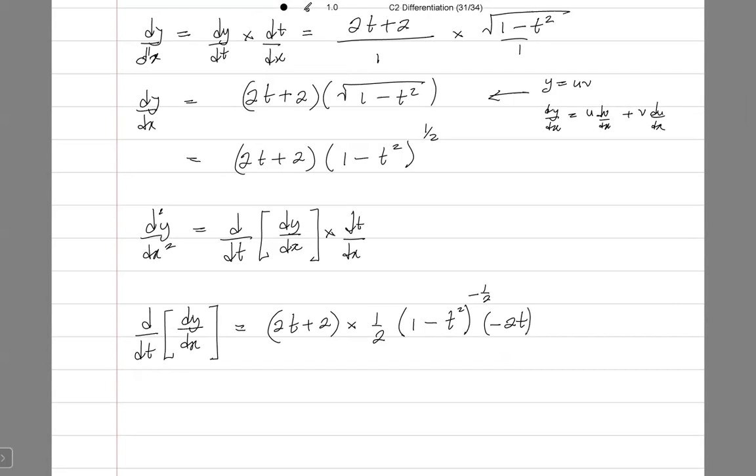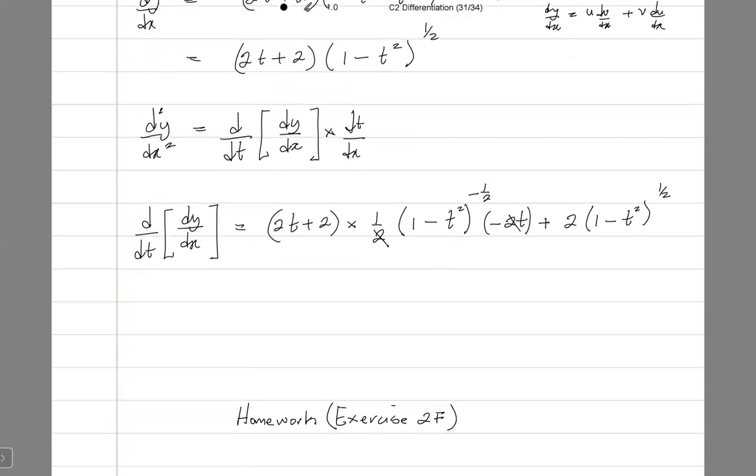So that is leave the first, differentiate the second, plus differentiate the first. When you differentiate the first, you're going to get 2. Leave the second, 1 minus t squared raised to the half power. All right, so we could easily say that this 2 cancels this 2.